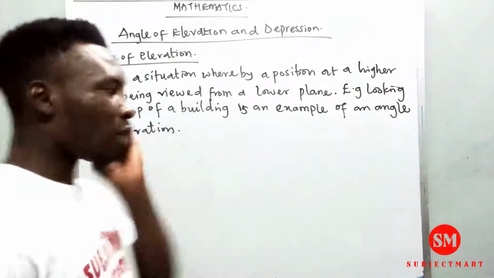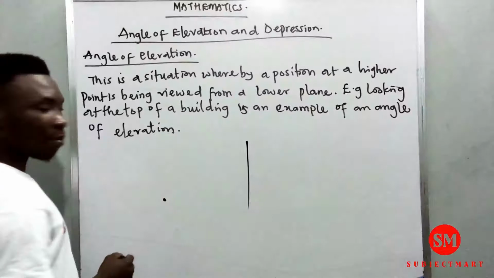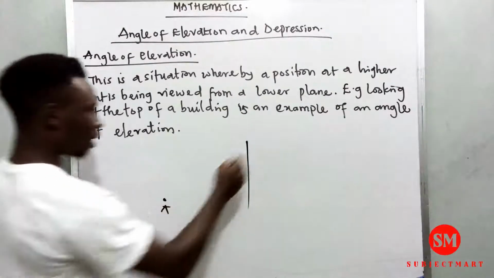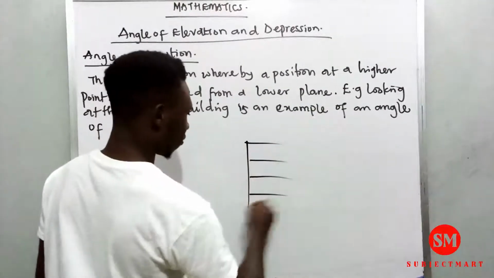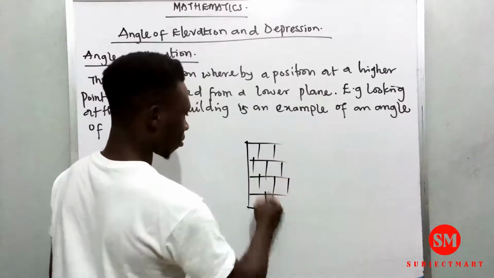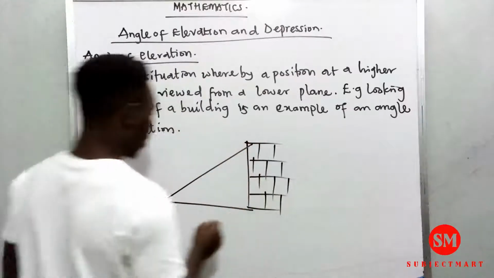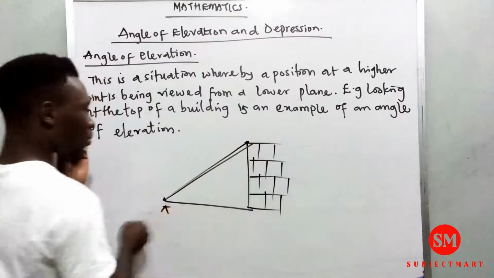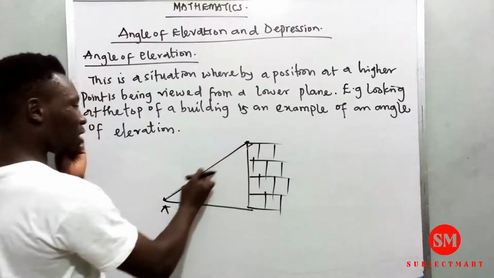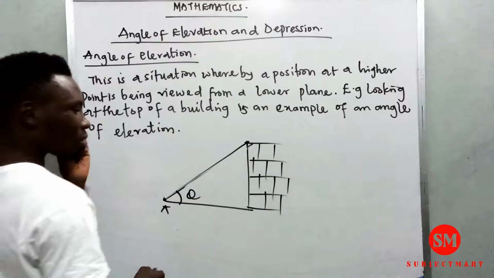For example, if I have a fence, let's say this is my fence, and I have a point A. Now, from this point A to the top of the fence makes an angle of theta to the ground.